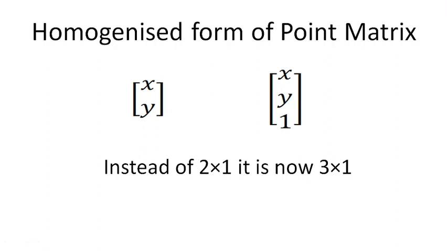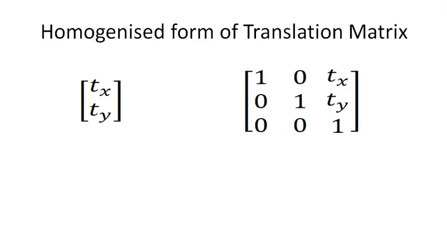Next we go on to the translation matrix. Which was earlier a 2 by 1 matrix Tx and Ty, it will be converted to a 3 by 3 matrix. Its diagonal elements, these are the elements in which row number and column number are the same, are taken as 1, and the non-diagonal elements are taken as 0.